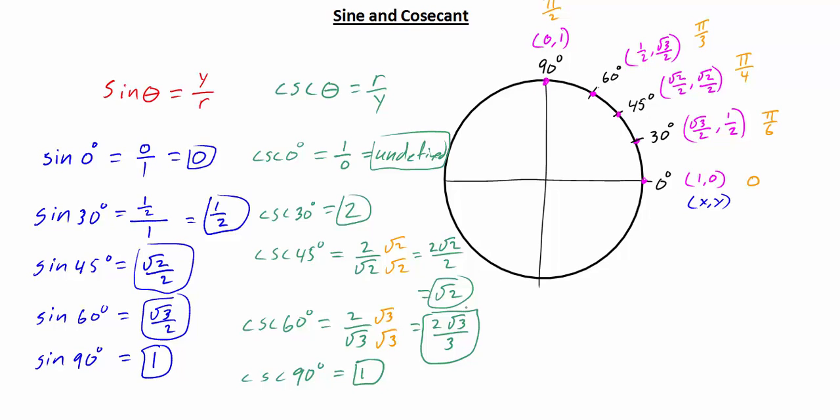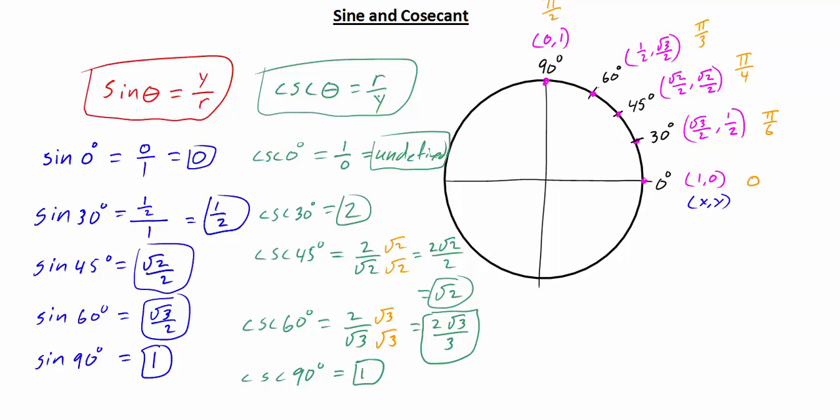So once again here, if we're looking at this sine function, it is simply defined as the y-coordinate divided by the radius, and then cosecant is equal to r over y. It's the reciprocal, which is the radius divided by the y-coordinate.